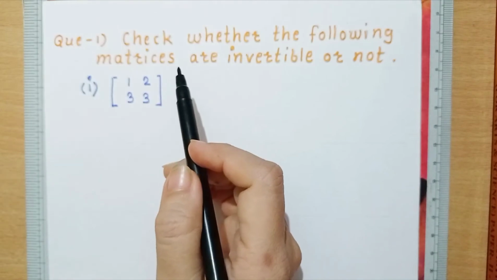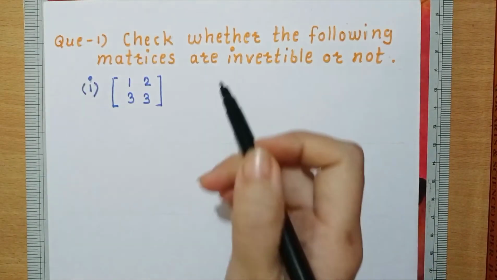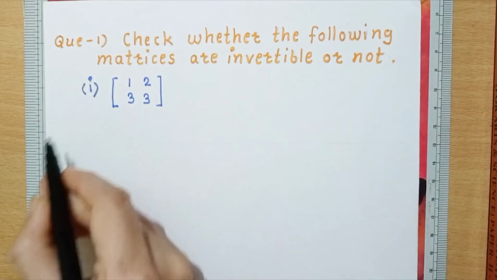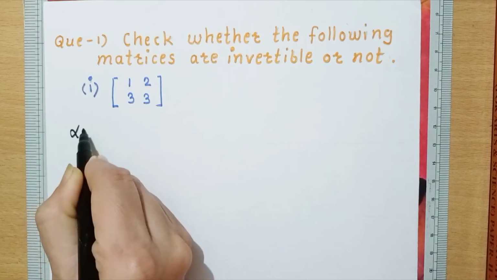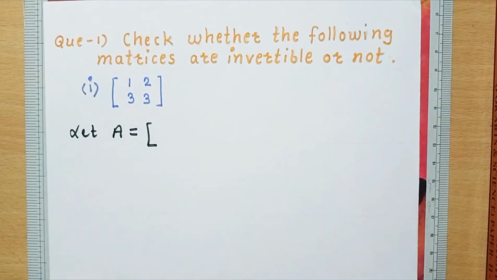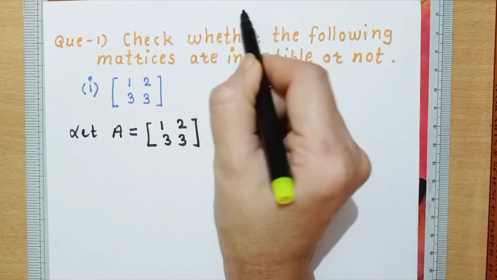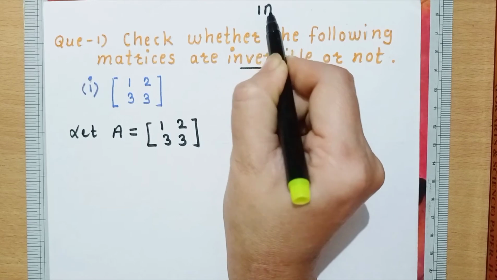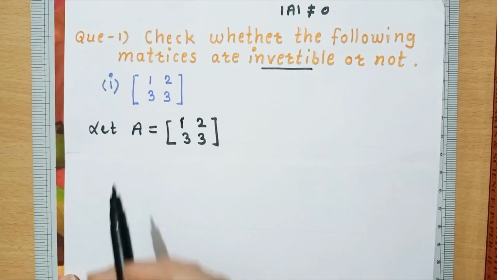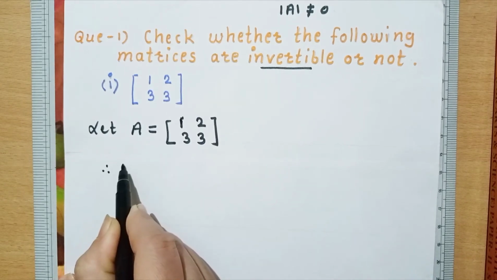This is our first question. Check whether the following matrices are invertible or not. First we will assume this matrix as A. Now invertible means we have to check that the determinant of A is not equal to 0. So first find the determinant.